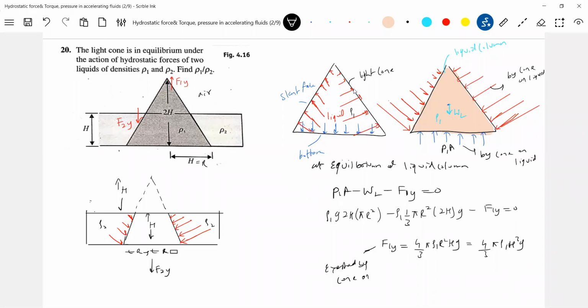Weight of that liquid, how to calculate the weight of the liquid? Pi r square, so this is h. I think I have to take it only till here, no?